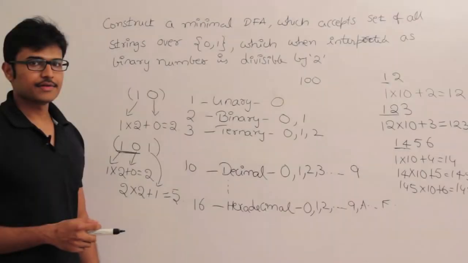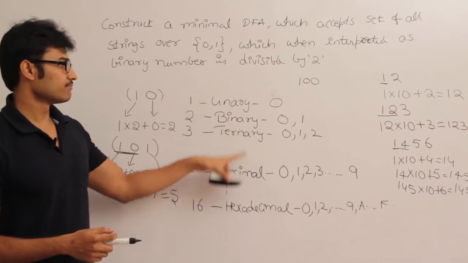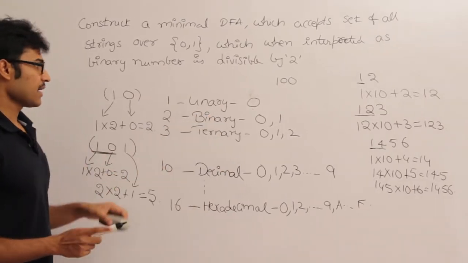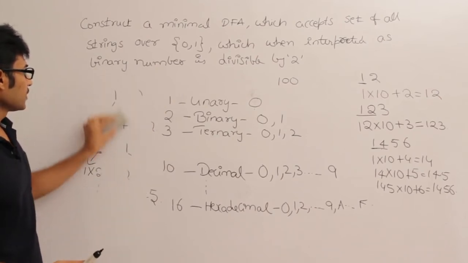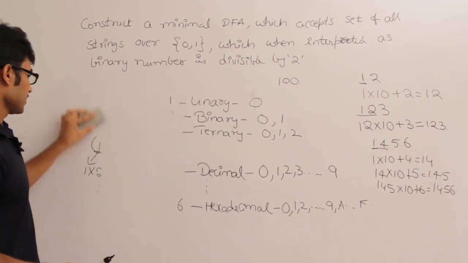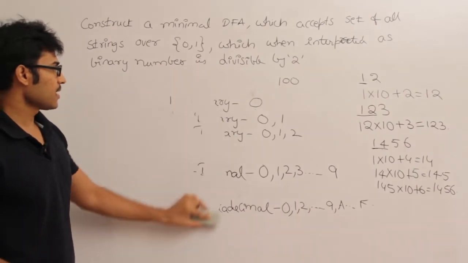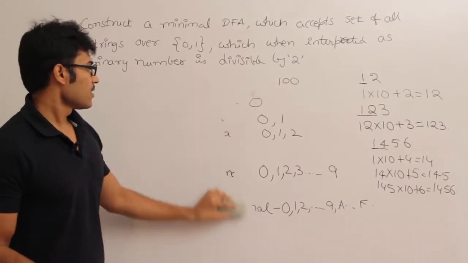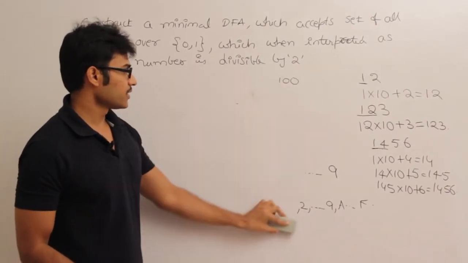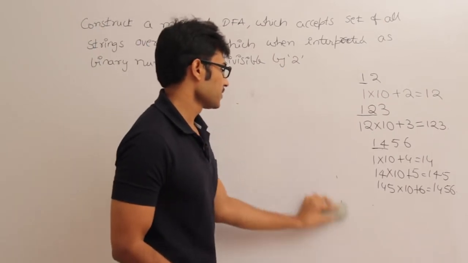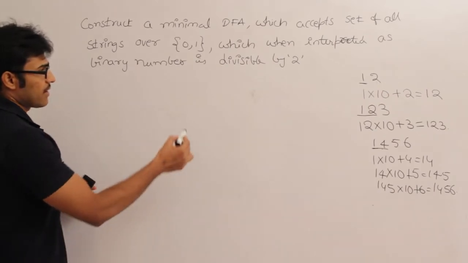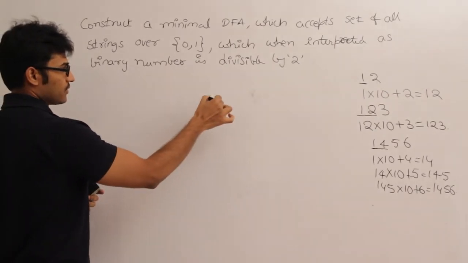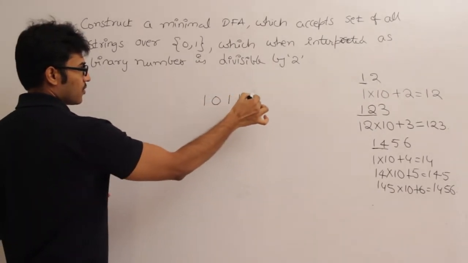Let us take a few more examples about a few other number systems, and let me explain this clearly. Okay, so I want to go with binary number system first. I'll explain binary number system and then we shall go to ternary, and once you understand everything, we can easily solve the questions here. Now binary number system. Let us say I have a very big number 1 0 1 1 0 1.